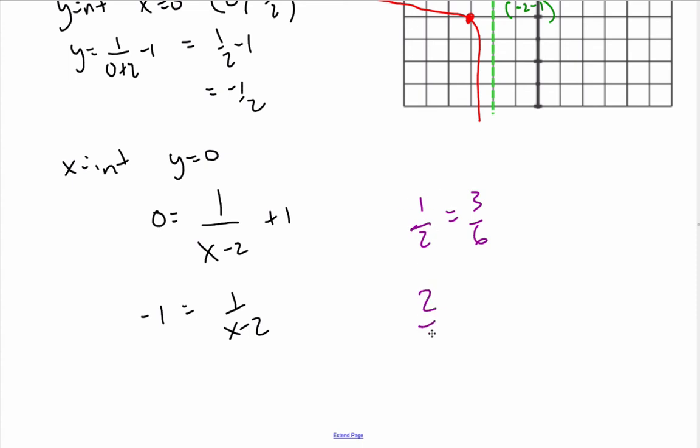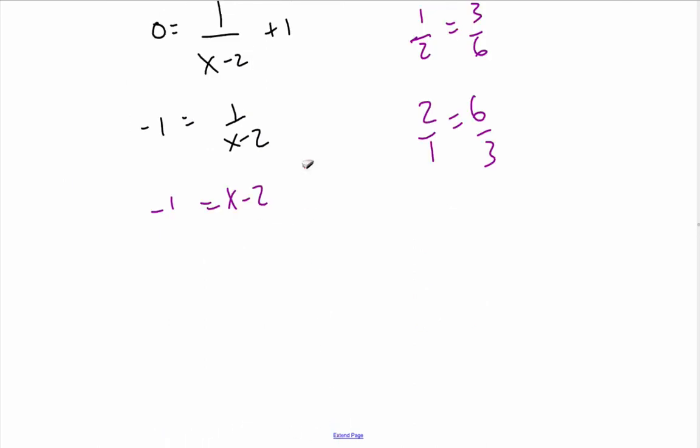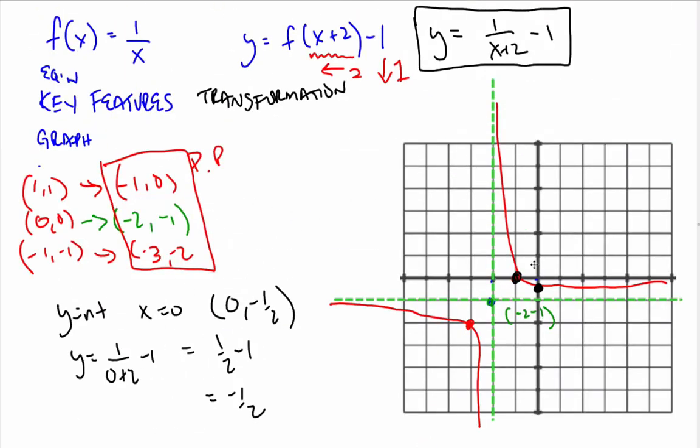So if I flip this fraction, 2 over 1, it's the same as flipping this fraction as well. And so if I just have a single x, I can flip both these fractions to over 1. If I flip 1, that's 1 over 1 as well. And I don't even need the over 1s. And so I know I subtract 2 from both sides, and x is equal to negative 1, my x-intercept, which we already knew because it was right there. This is my x-intercept, negative 1, 0.